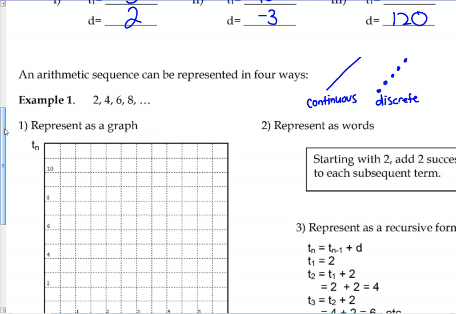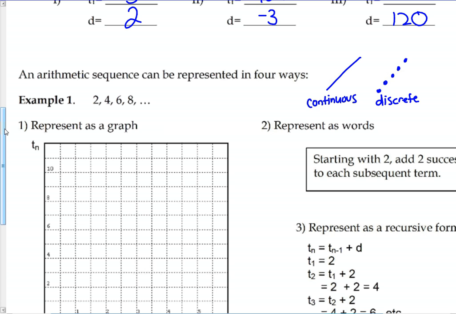Discrete data is when you can't connect the dots. So an example of discrete data would be the number of people in our class on a given day. Why can't you have half or a decimal of a person? No. Okay, you can't have half of a person. Or the number of tickets sold.